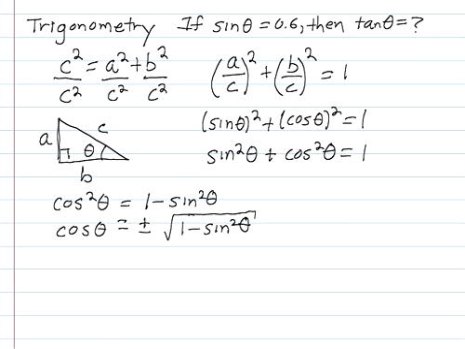So if I put in 0.6 for sine, 0.6 squared is 0.36, and 1 minus 0.36 is 0.64, excuse me.